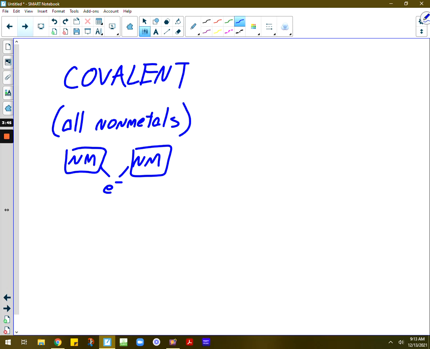Sometimes they're sharing one pair, sometimes they're sharing two or three. When you're looking at the formulas, you don't have to worry quite so much about how many pairs they're sharing. All you have to worry about when you're looking at your covalent formulas and names of those formulas are your prefixes. The prefixes tell you how many of each piece you have.